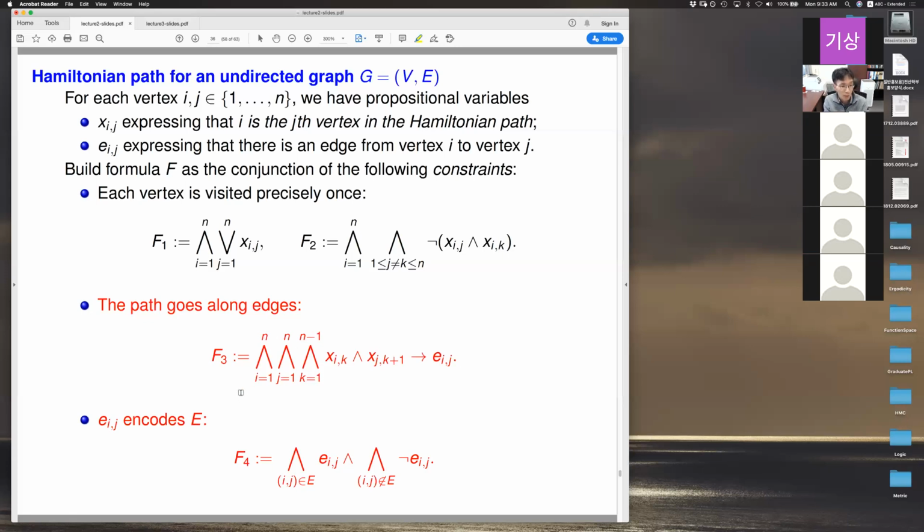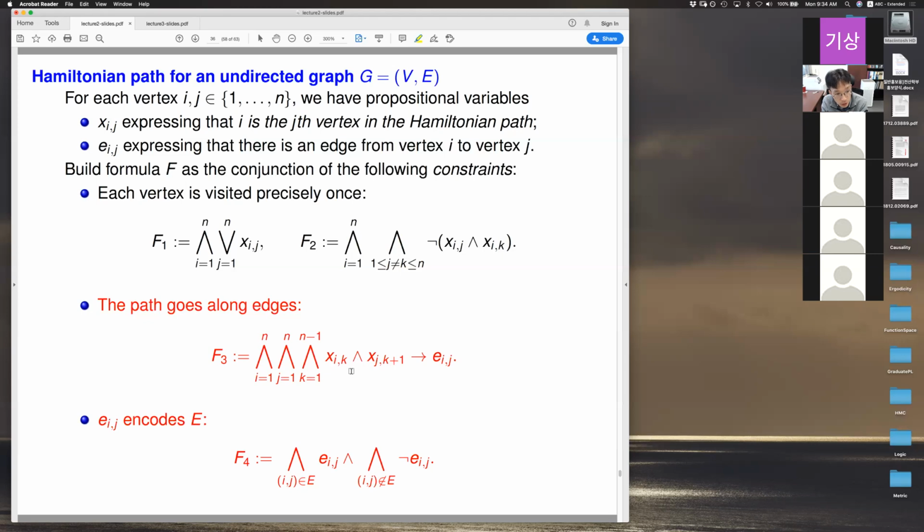Then the F3 talks about the following. For every vertex I, every vertex j, if there is a time in the Hamiltonian path when we visit I at the kth time, and then j at the k plus 1th time, so that means we go from I to j in the Hamiltonian path, then there should be an edge from I to j.